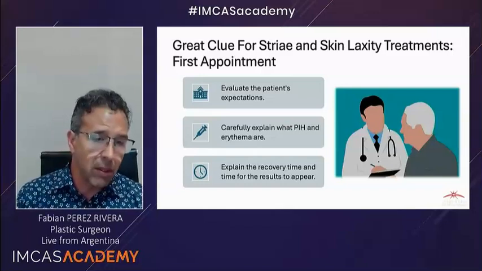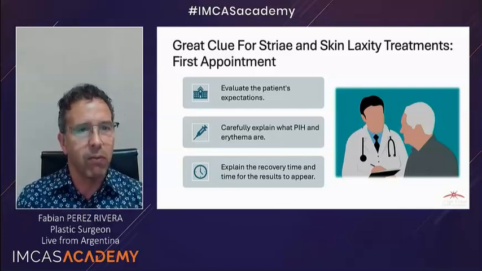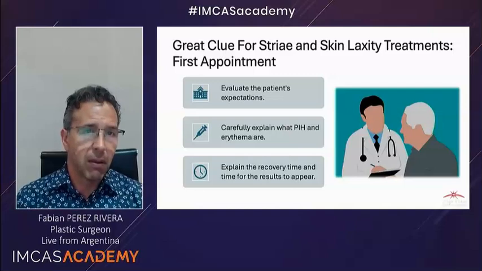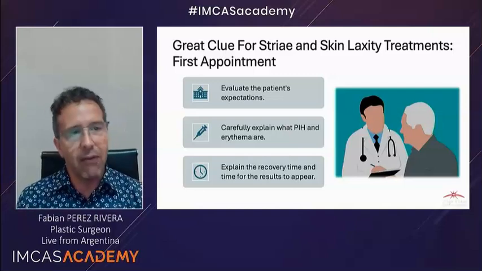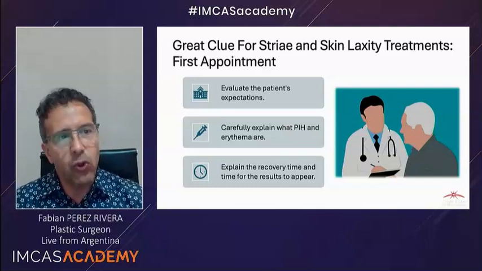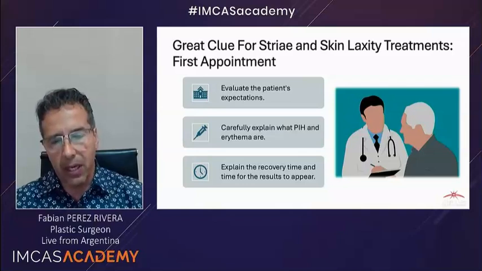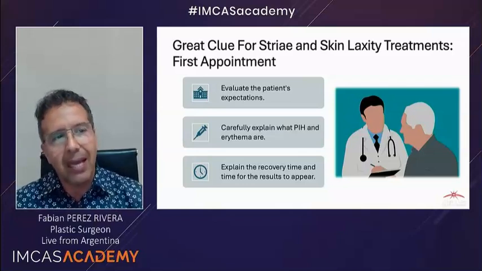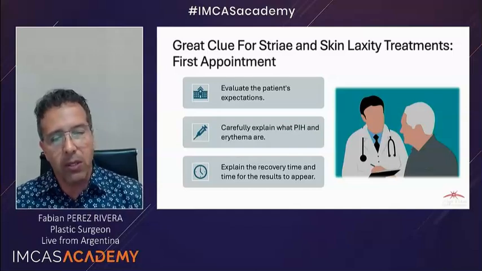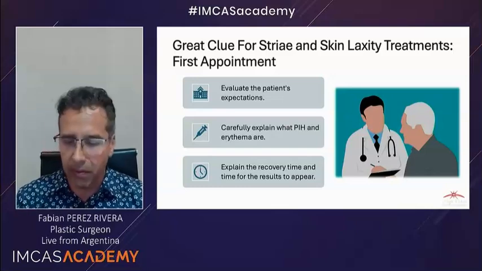And lastly, you need to explain the recovery time and the results that can appear, very carefully. Evaluate the expectation, because radiofrequency takes a prolonged time: tightening, stretching, and fibroblast stimulation take at least 1 month. My best results are always after the month, especially after 3 to 6 months.